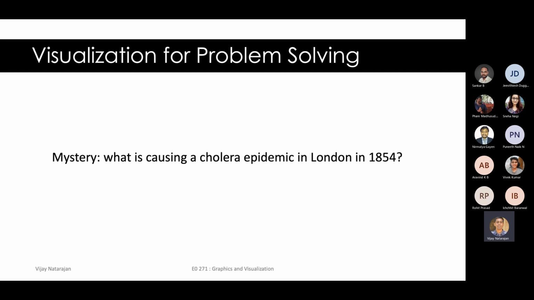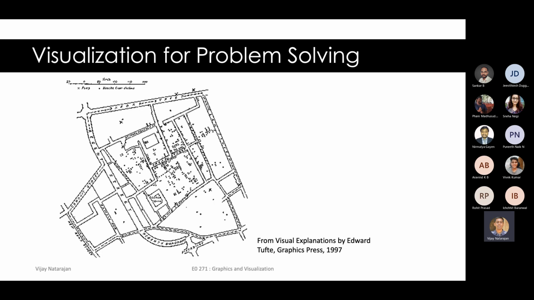So the question was, what was causing it, right? What was causing all this sick people to go to the hospital? So here is the visual from one statistician. We'll see. So this is reproduced from a book by Edward Tufte, who is a well-known educator in visualization.